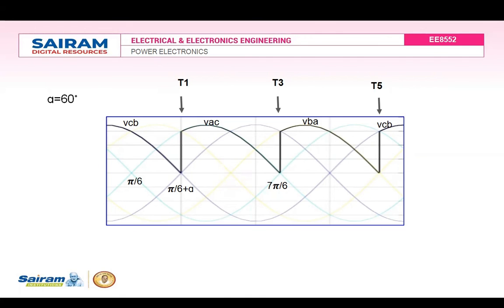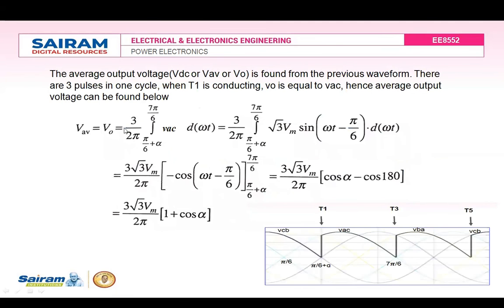At that time, D6 would have turned off even before T1 is triggered. So we will not get the T1 and D6 combination when alpha is equal to 60 degree and more than 60 degree. Now we can derive the average voltage expression taking the alpha equal to 60 degree waveform.